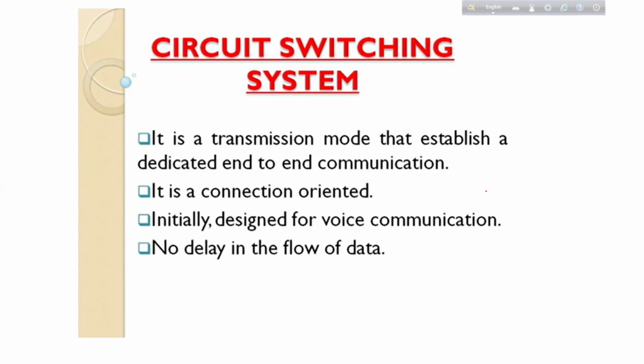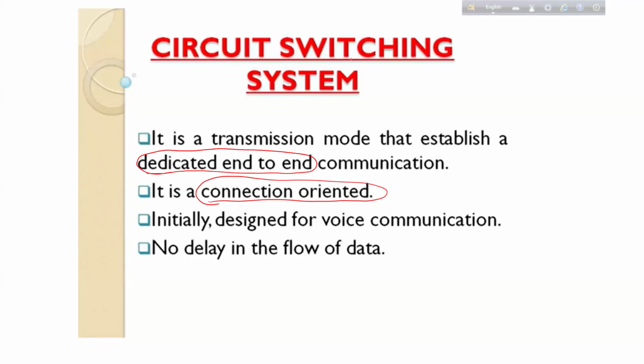So there must be a dedicated path between 2 nodes. This circuit switching system is a connection-oriented system. It was initially designed for voice communication only. Then it was deployed in other communication sectors as well.